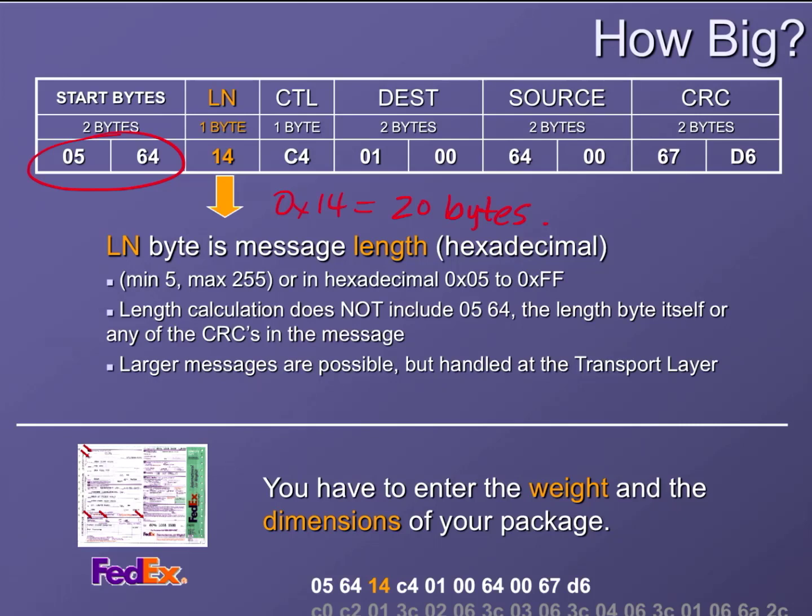So if we look at the length of hex 14, it's telling us there's a total of 20 bytes in this request. Now, here's as good a time as any to look at this. It's saying we have a minimum of 5, but a maximum of 255. So we have hex values of 05 through FF.